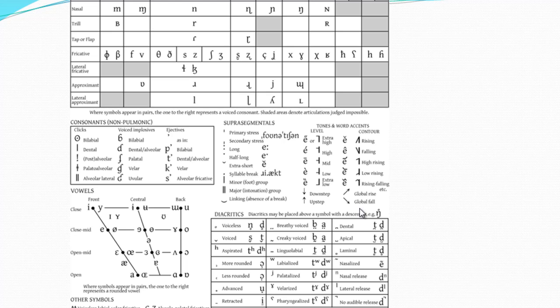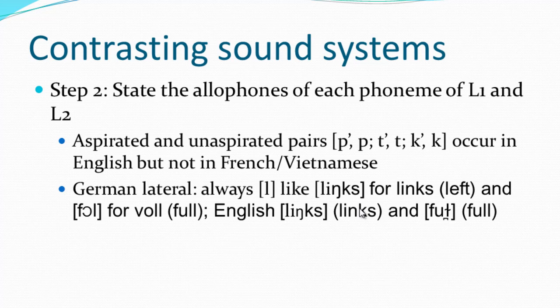So what will we say? Inventorize. This is what it is about. We create an inventory, so we inventorize the sounds that we are about to contrast. Now, in the next step, we will start contrasting the sounds using the inventory that we have just created.